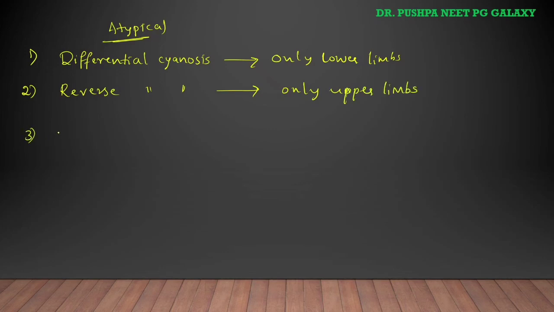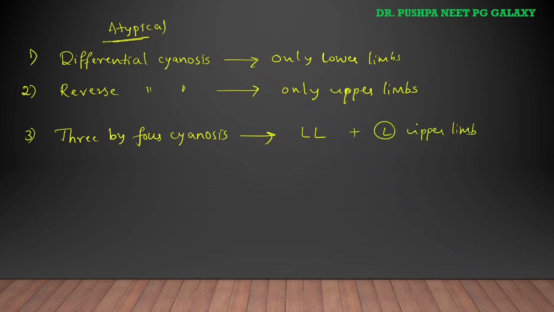Third one is 3/4 cyanosis. In this, in addition to the lower limbs, the left upper limb is also cyanosed.